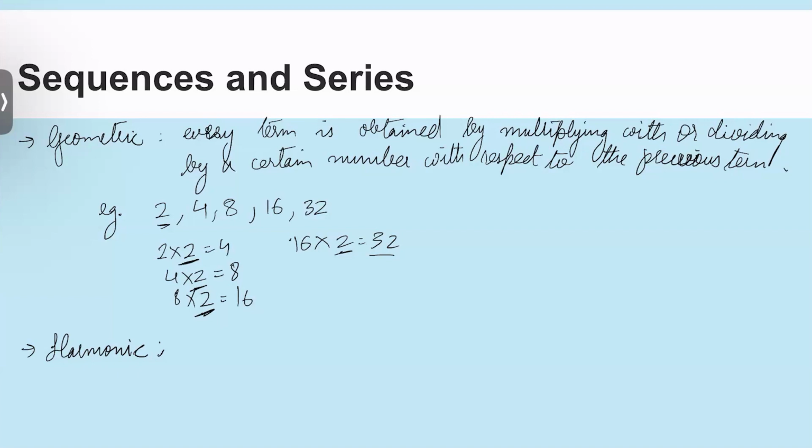But a harmonic sequence is a list of numbers if the reciprocals of all the terms of the sequence form an arithmetic sequence.